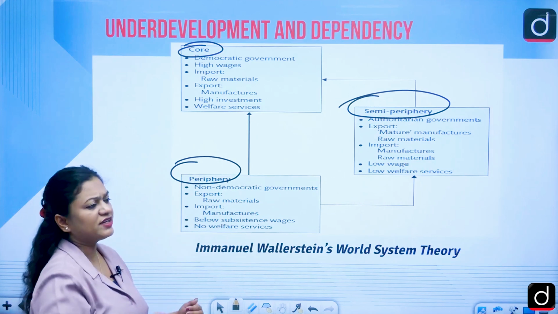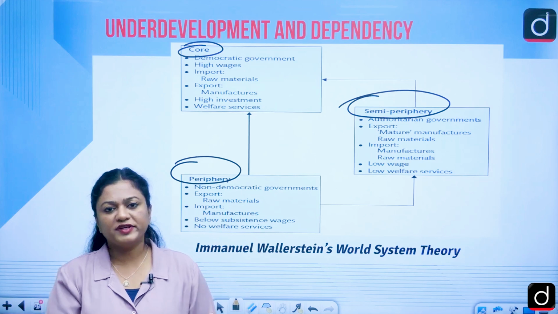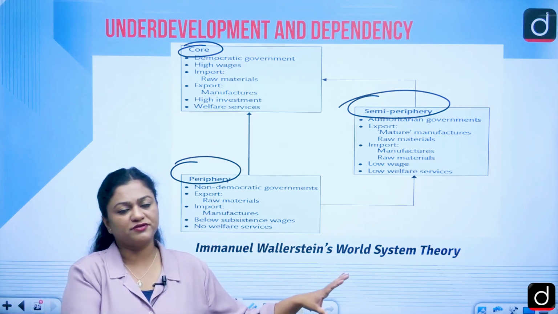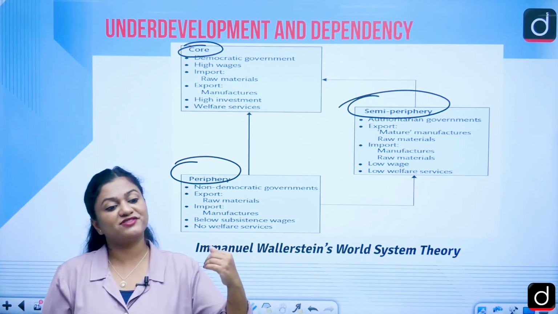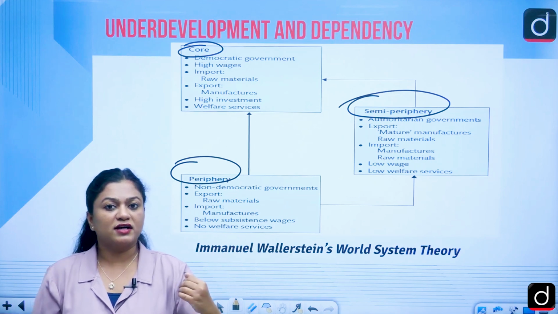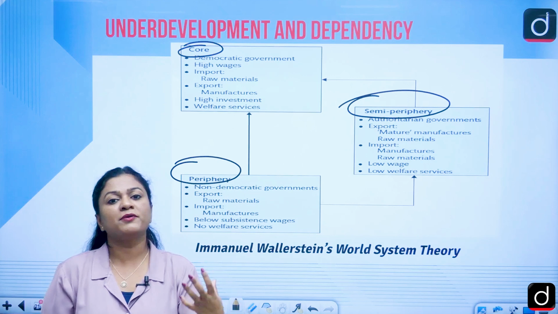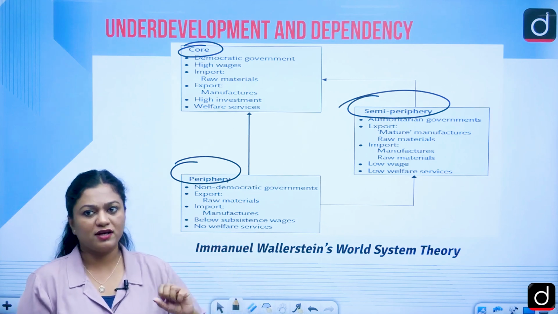He also gave a historical approach in his world system theory. Although we cannot completely say that world system theory is part of dependency theory, because dependency theory was reacting to the countries that had got freedom from colonialism and the problems they are facing right now, Wallerstein's theory has a historical approach.